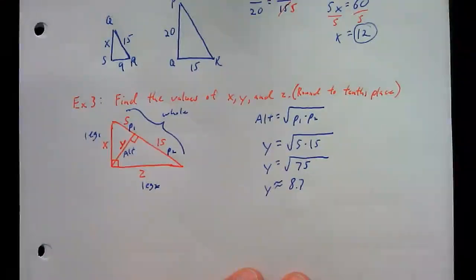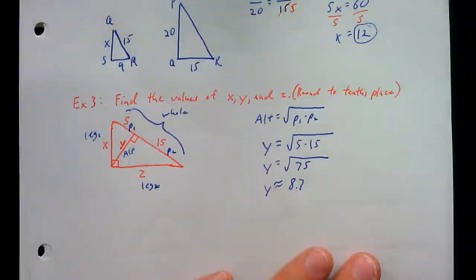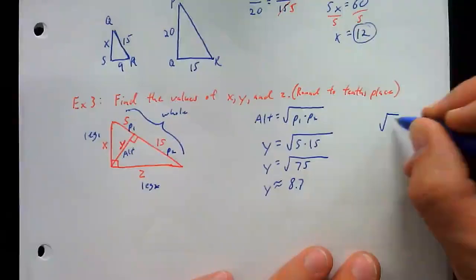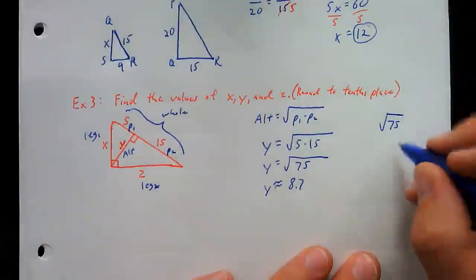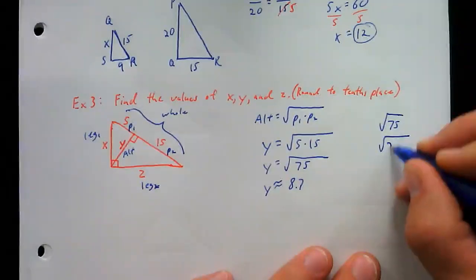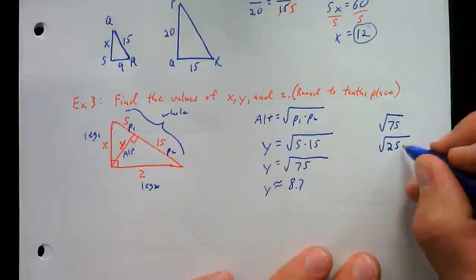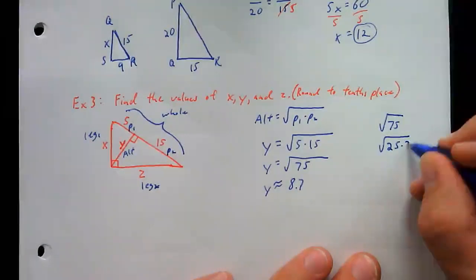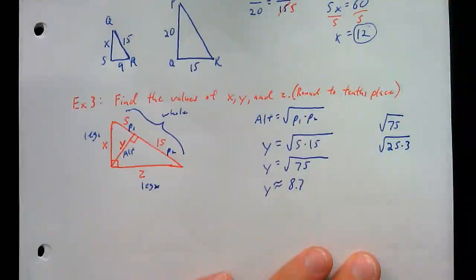Or if you wanted to leave this as an exact value, that would mean that we would want to simplify this radical. So the way you could do this if you were simplifying a radical, square root of 75, one way to simplify a radical is by finding the greatest perfect square that goes into it. So 25 is a perfect square. It goes into 75, and 25 times 3 is what gives you 75.